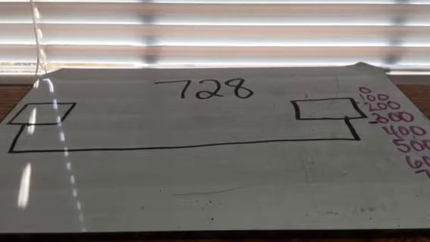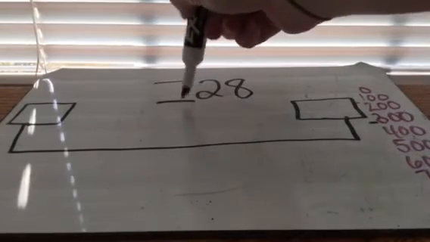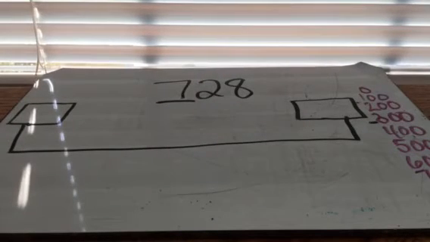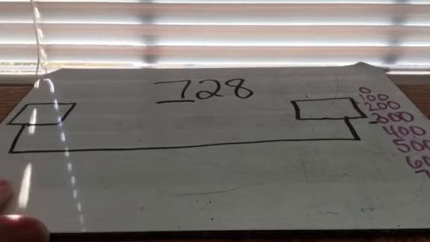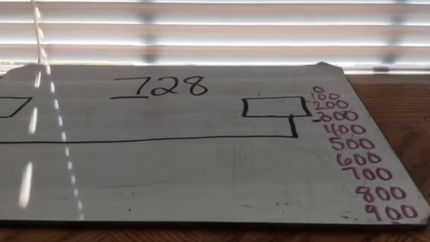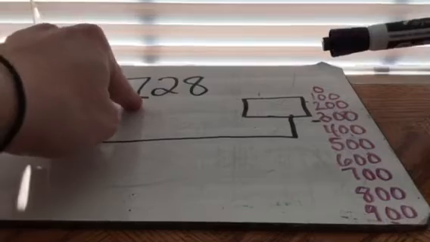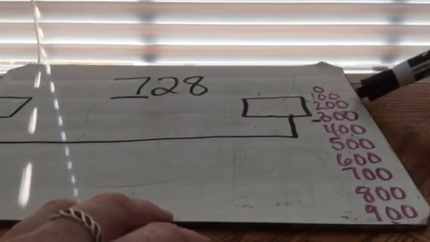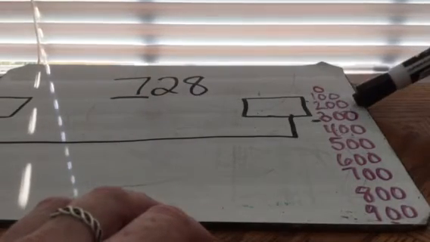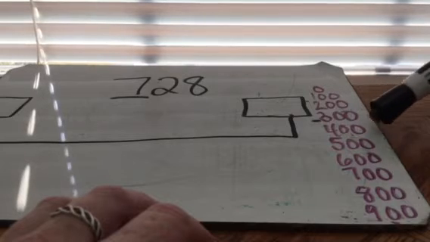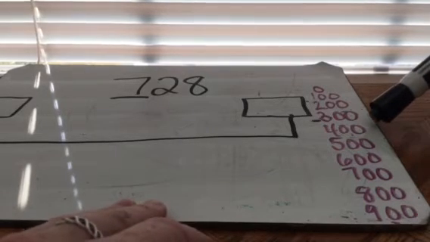First things first, I'm going to underline the digit in the hundreds place, because that's going to help me with my counting. So I have to decide, 728, what is that going to come between? 100, 200, 200, 300, 300, 400. Pause the video and come up with an answer.